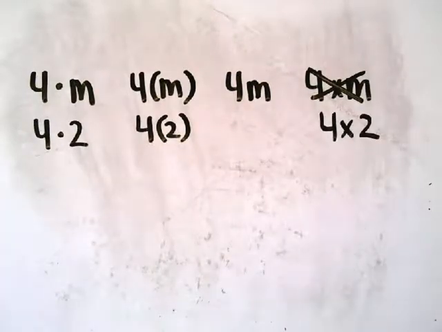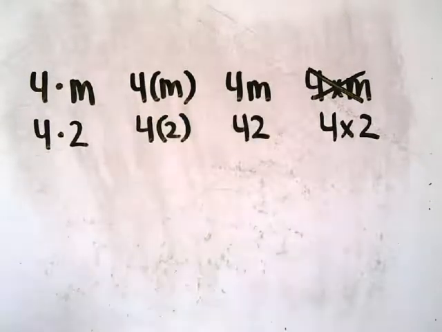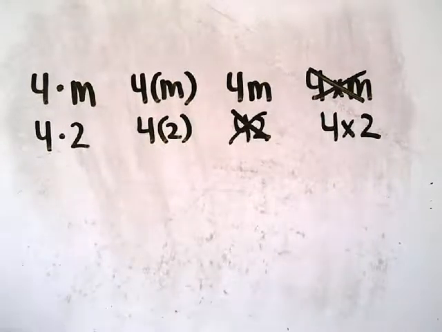A way that you're not going to see 4 times 2 written is like that, because that still means 42. So when two numbers are next to each other, that just means a number. But when a number and a variable are next to each other, that means to multiply. So these are a couple of your new ways to write multiplication.